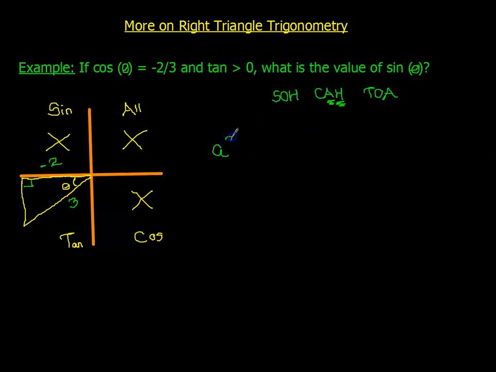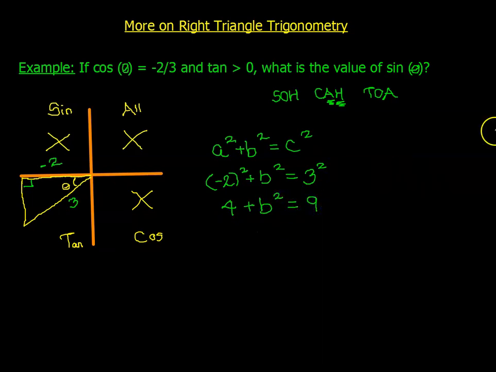So using a squared plus b squared equals c squared, I'm going to put negative 2 squared plus b squared equals, it's not c squared, sorry, 3 squared. And from here, anytime you square a negative, it'll give you positive. So positive 4 plus b squared equals 9.